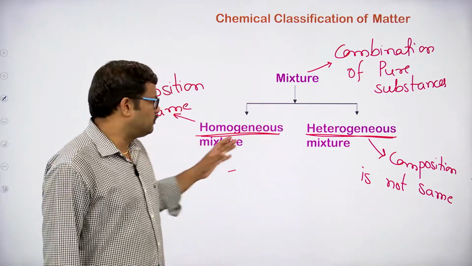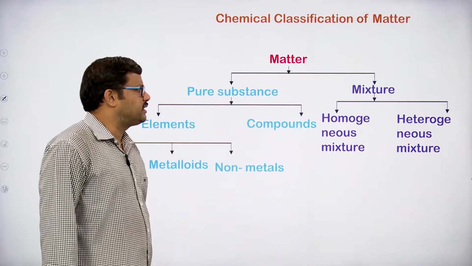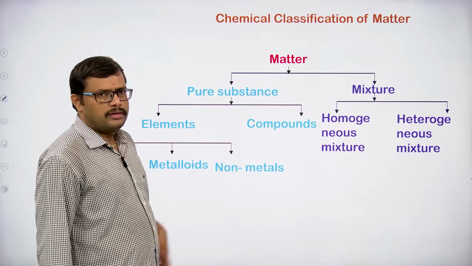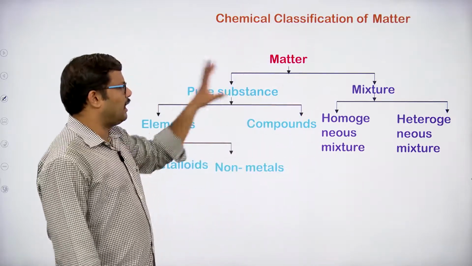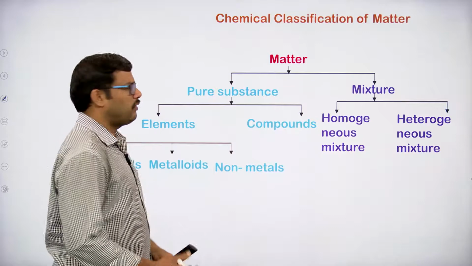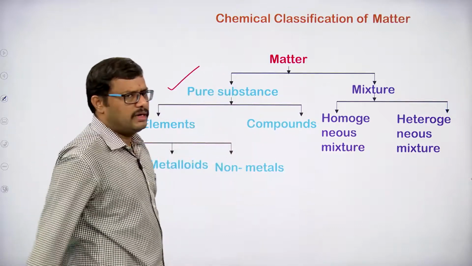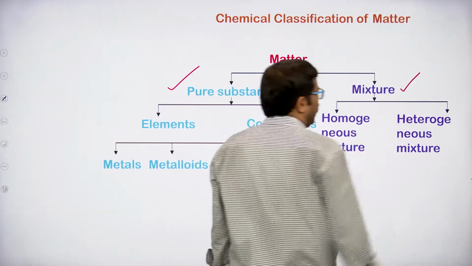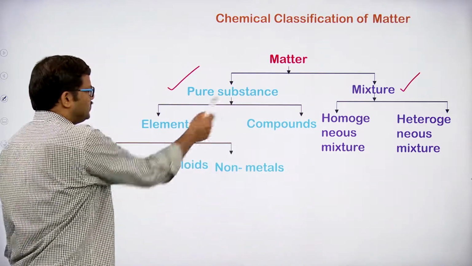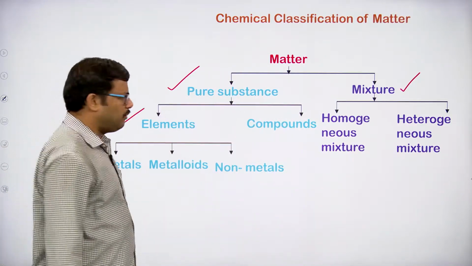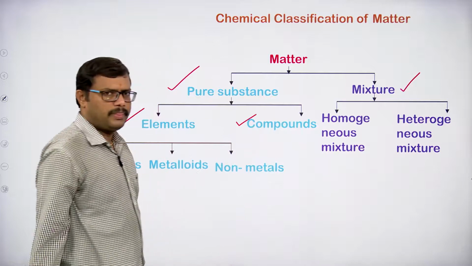Keeping this in mind, look at the classification of matter. This is an overall classification. Matter is divided into pure substances as well as mixtures. When we look at only the pure substances, they can be categorized as elements as well as compounds.